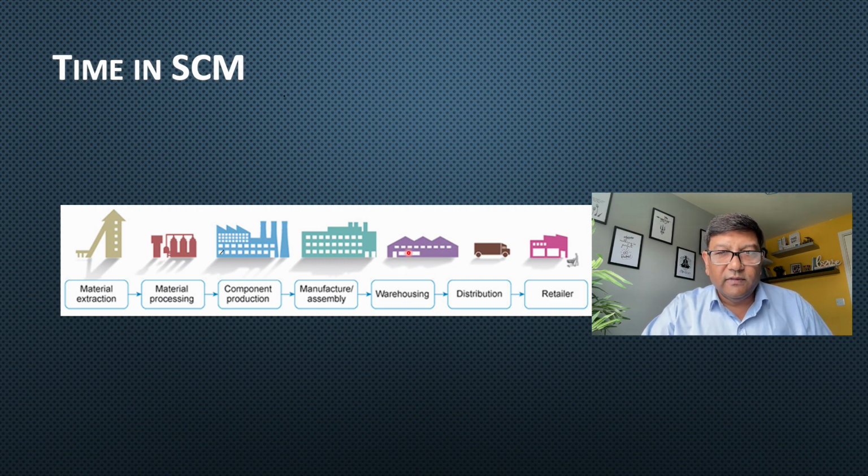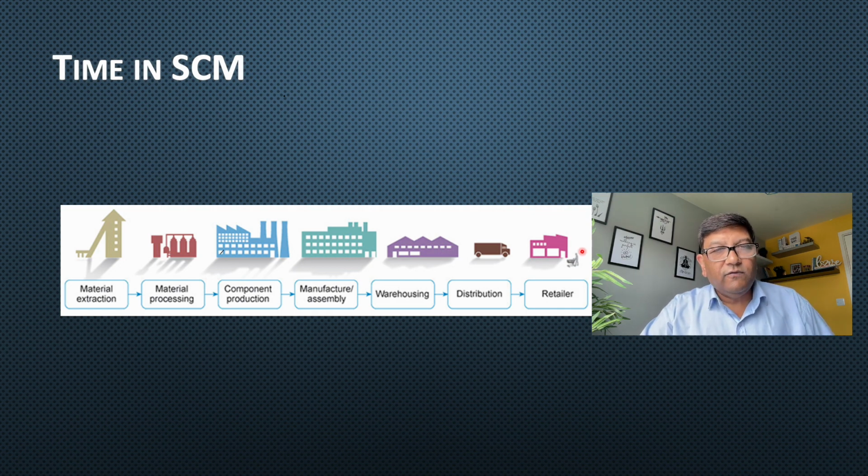If they don't, the retailer might order from some other warehouse or supplier. Likewise, if the manufacturer doesn't have the material in stock, they can't manufacture, and if they have to order the material, it takes additional lead time. So the lead time increases and the customer has to wait a long time.